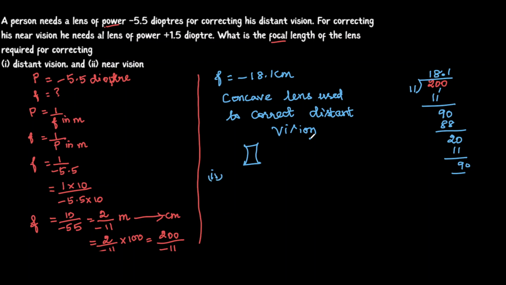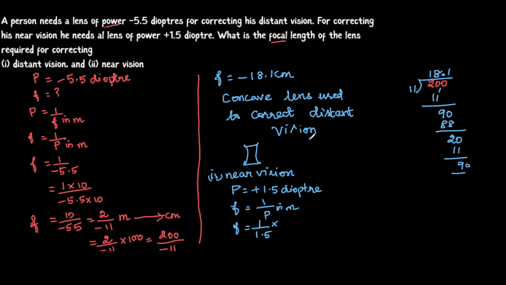Second case, it is near vision. So for near vision, they have given a power plus 1.5 diopter. P is equal to plus 1.5 diopter. So substituting value, we can find out F is equal to 1 by P in meter. Substituting the value, F is equal to 1 by 1.5.